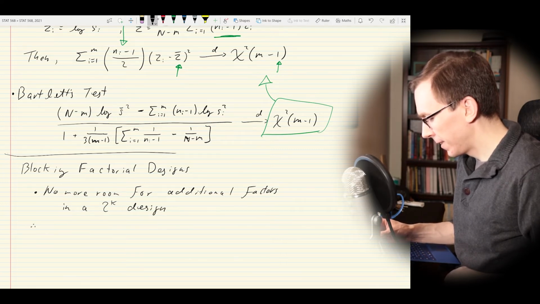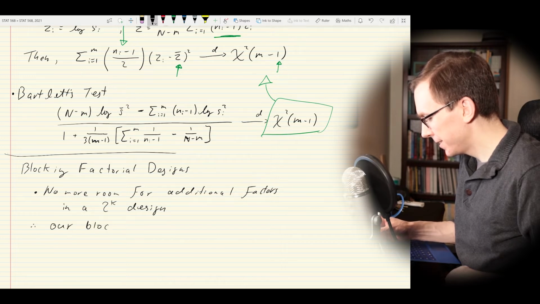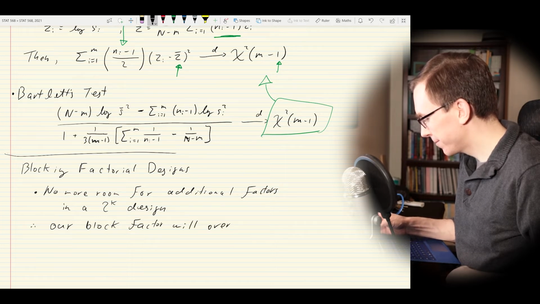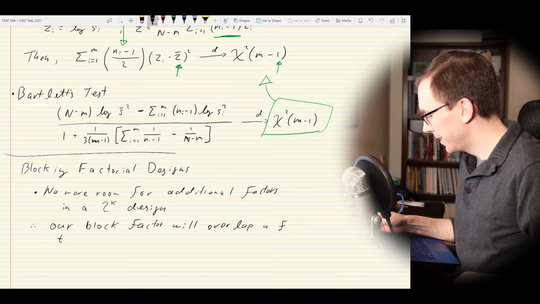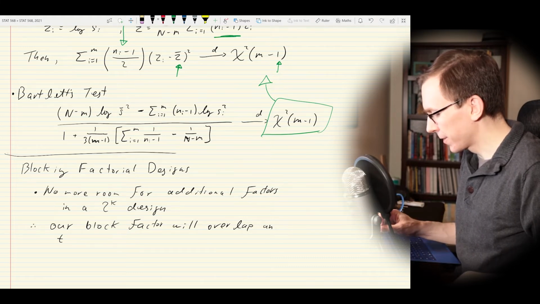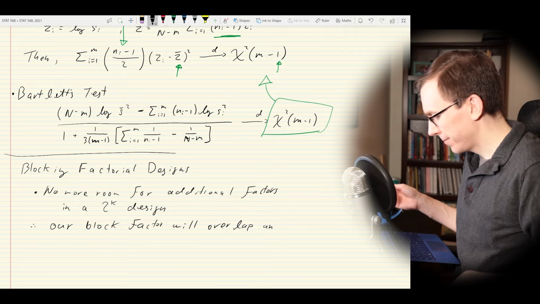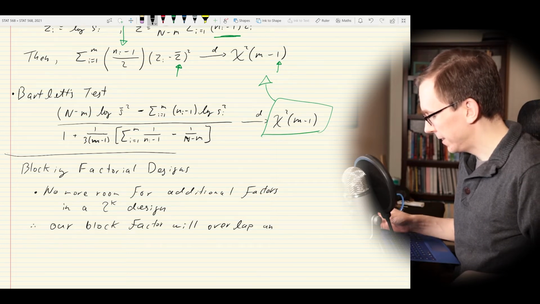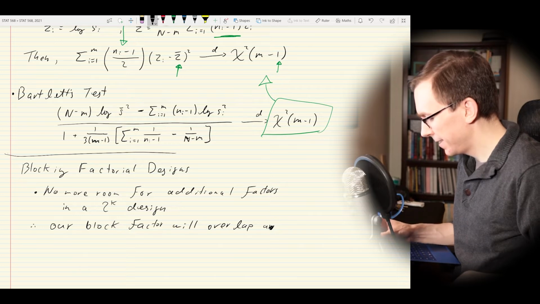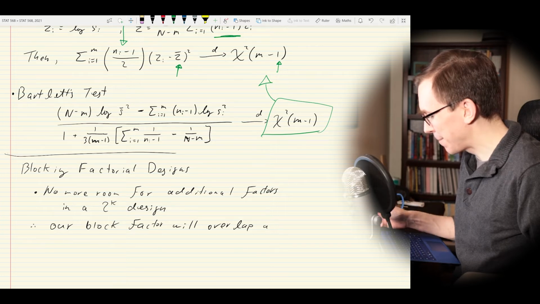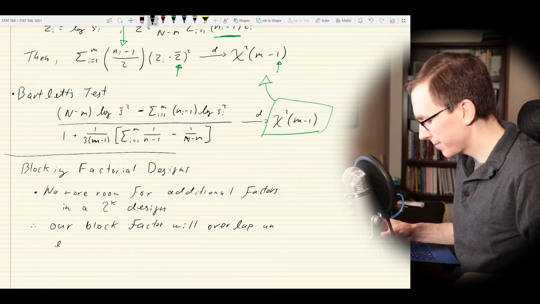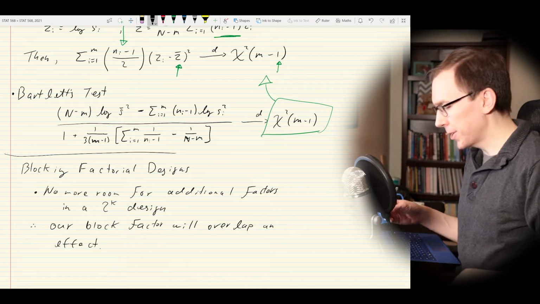Therefore, our block factor will overlap an effect. We never want to overlap a main effect, so we'll just say overlap an effect. So it's going to overlap something else.